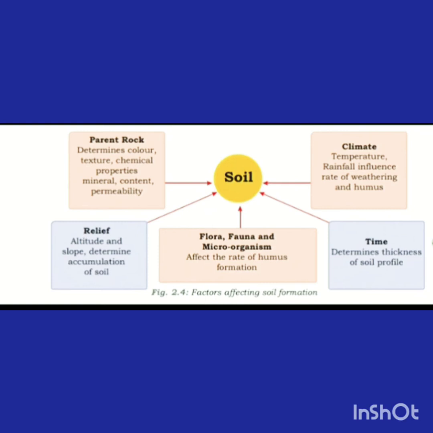Mostly the color of the parent rock and the soil will be the same, and whatever chemical or mineral contents were there in the parent rock will be there in the formed soil too.